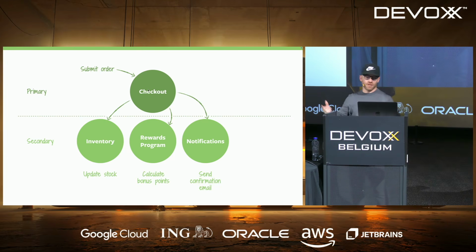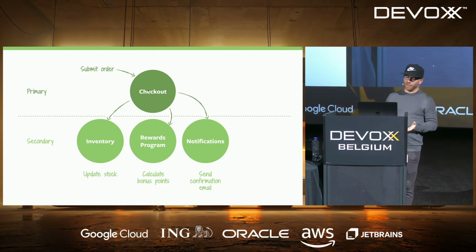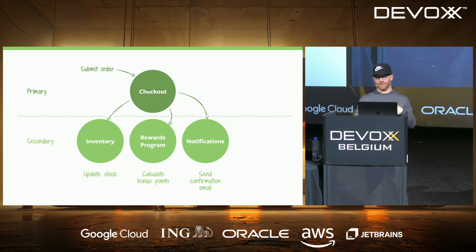For the order submission, we have to update our stock. I buy, say, 42 TVs in our e-commerce system, so someone needs to be notified in the inventory. Maybe we even have to check whether we still have 42 TVs, but you still have to update the stock. I probably get some bonus points through our rewards program, and I want an email confirmation for that.